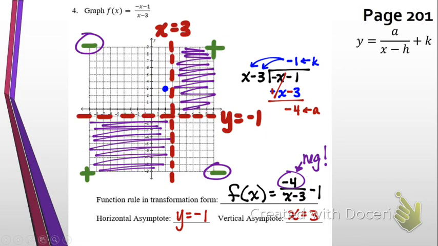Then I go down, but I always go back to where they cross before I move in an up, down, left, or right direction. So down 1, 2, 3, 4. Hop in 1. Back to where they cross. You guys want to go left next or right next? Left sounds good. 1, 2, 3, 4.